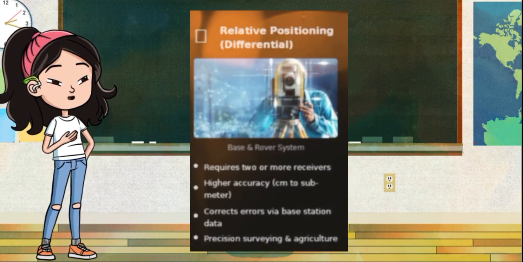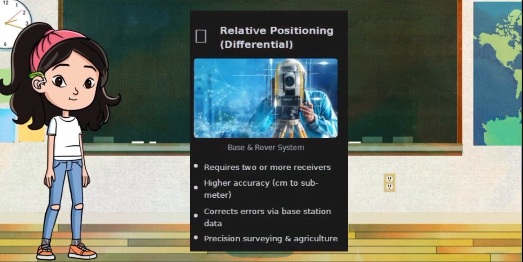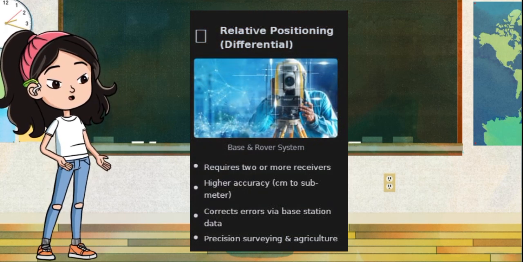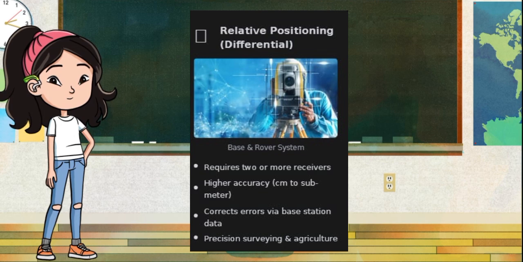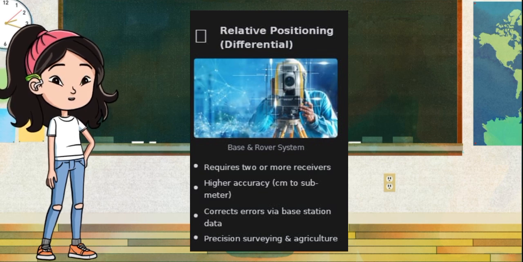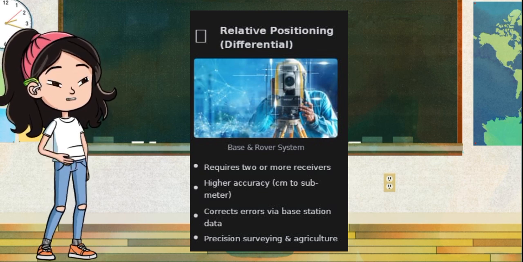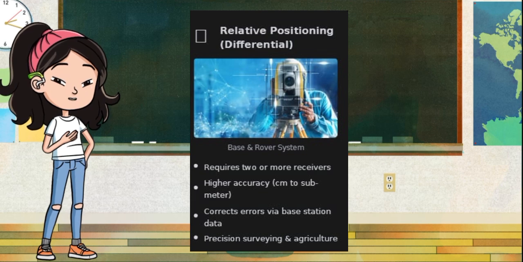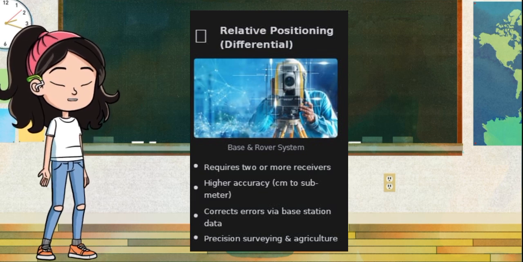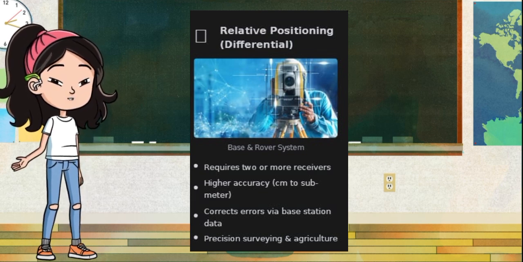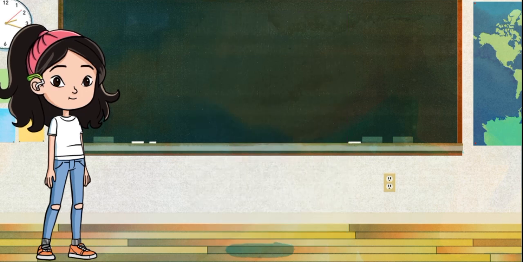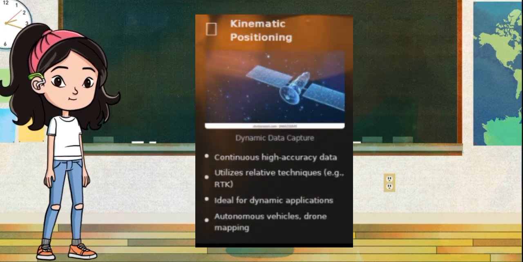While the relative positioning requires two or more receivers, with higher accuracy, 4 cm to sub-meter. It corrects errors via base station data. This is for precise surveying and agriculture. Next is the kinematic positioning.